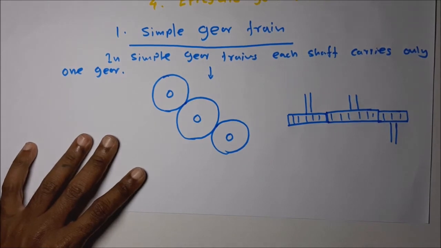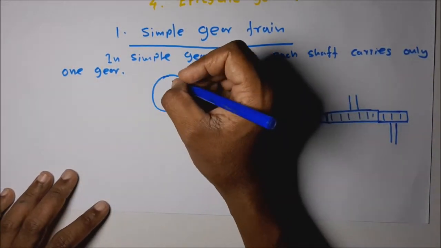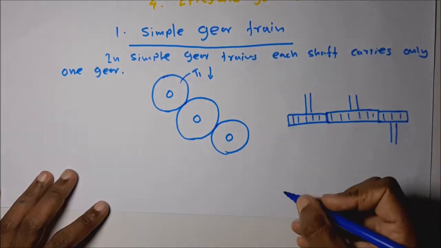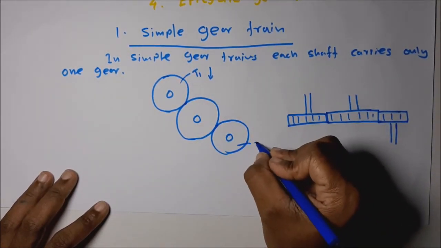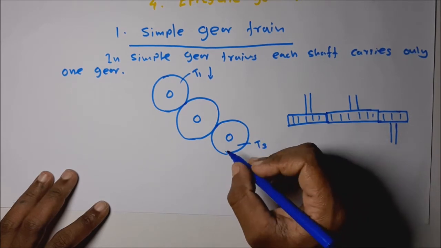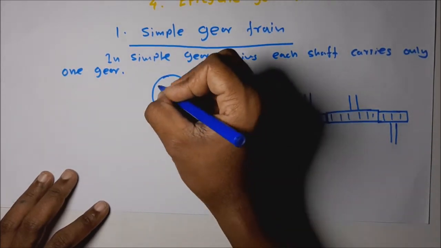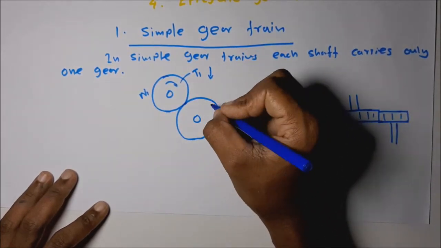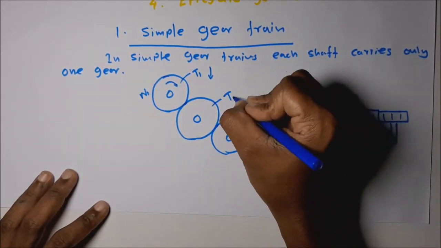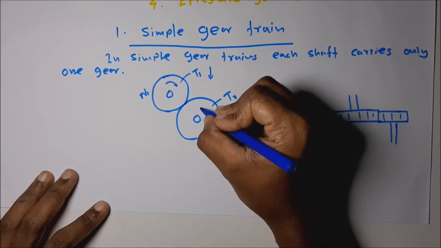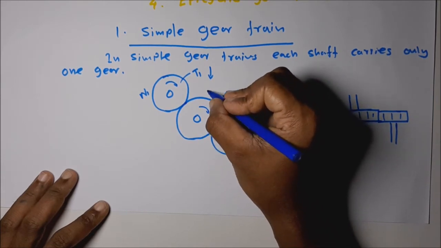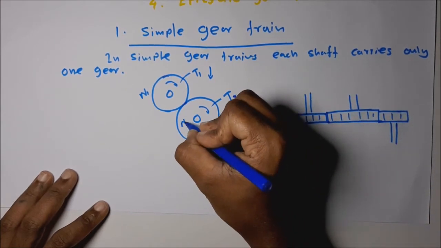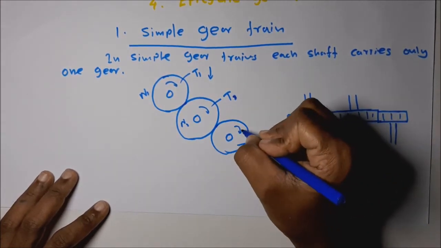Okay. Then how to calculate the gear ratios? Let's take this as having T1 teeth. Let's take this as having T3 teeth. If this is rotating with N1 revolutions, let's take this as having T2 teeth, with speed N2.